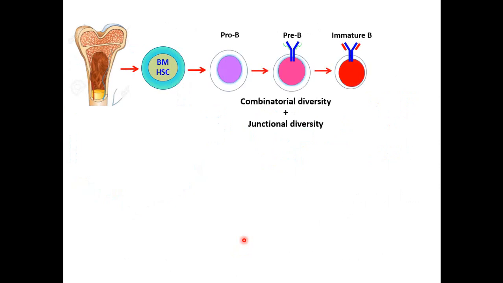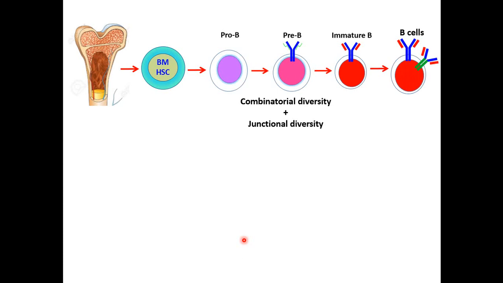Okay, what happens for B cell development after birth? Well, after birth, bone marrow is the major hematopoietic organ, and we have bone marrow hematopoietic stem cells that undergo differentiation towards different lineages, including lymphocytes and including B lymphocytes. These cells undergo combinatorial diversity and junctional diversity, and they produce the so-called conventional B cells, which have a very vast antibody repertoire.